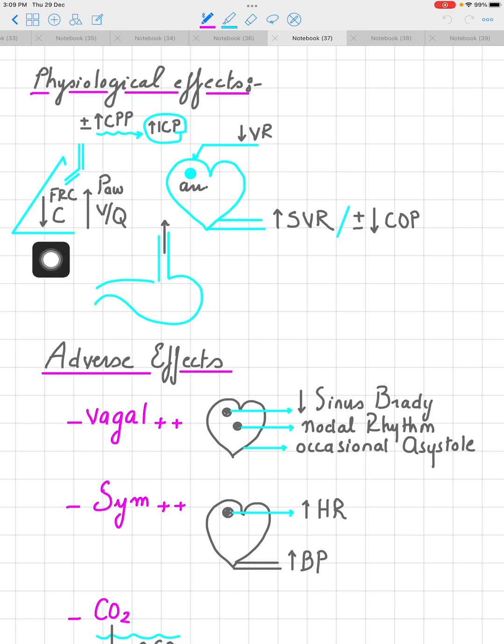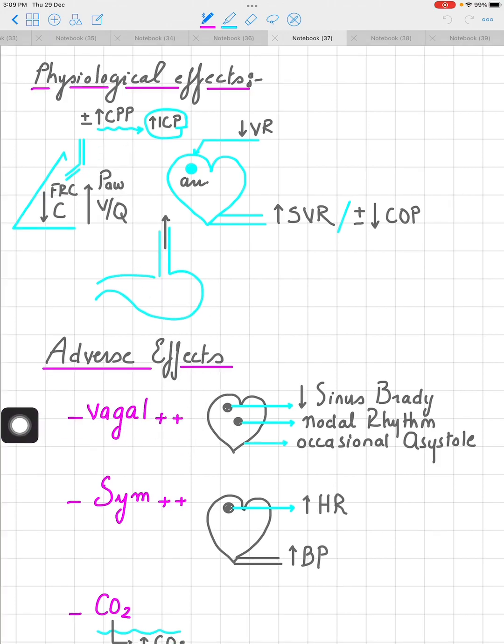As for the cardiovascular effects, you may find a decrease in the venous return, an increase in the systemic vascular resistance, plus or minus a decrease in the cardiac output, as well as risk of arrhythmia. Gastrointestinal effect: you can find increased risk of regurgitation. Neurological effects: you can find, plus or minus, increased intracranial pressure and increased cerebral perfusion pressure.